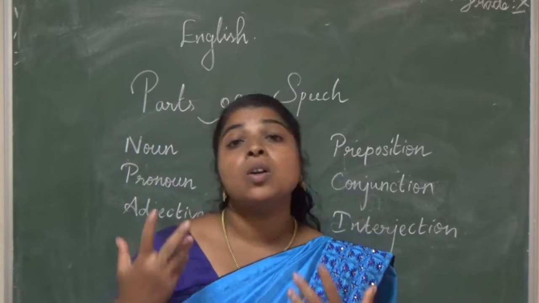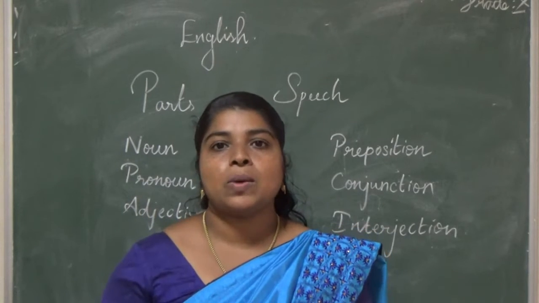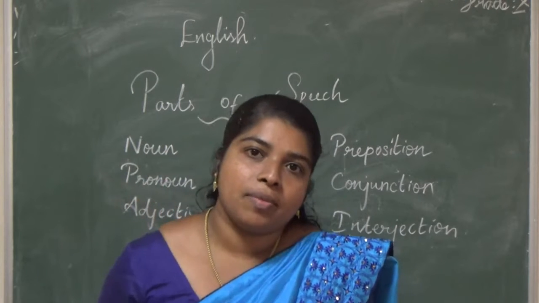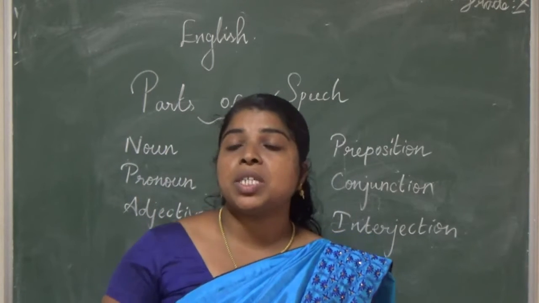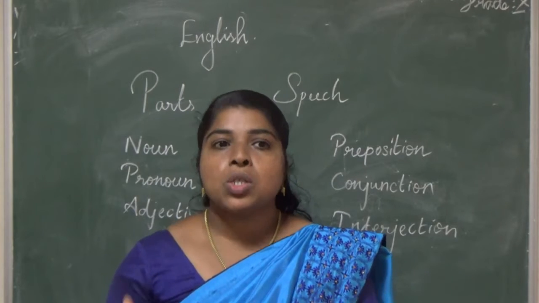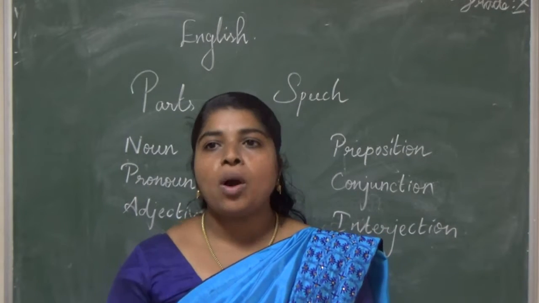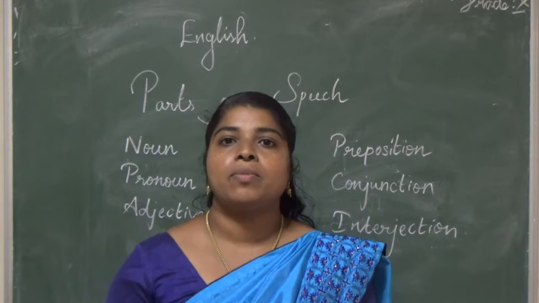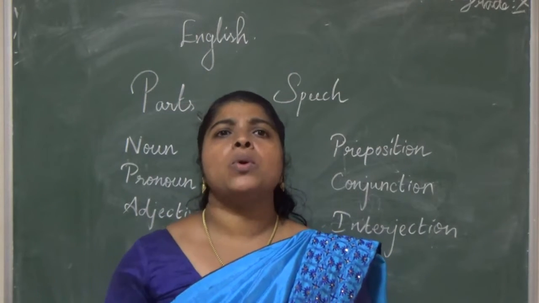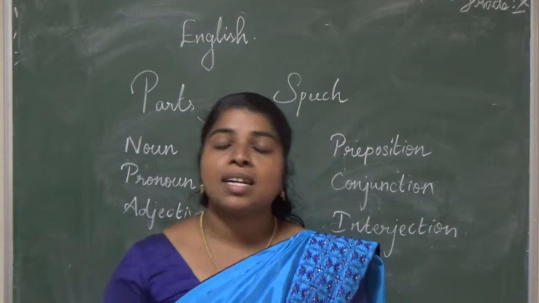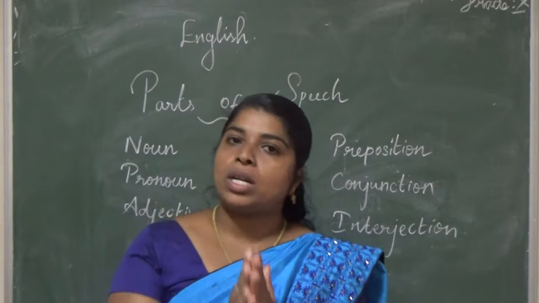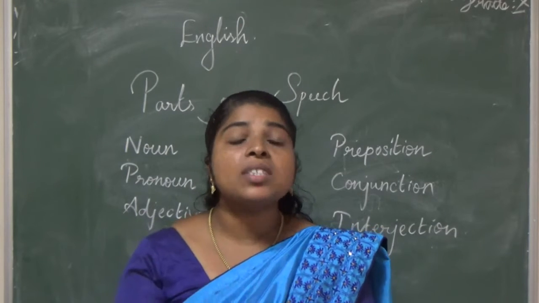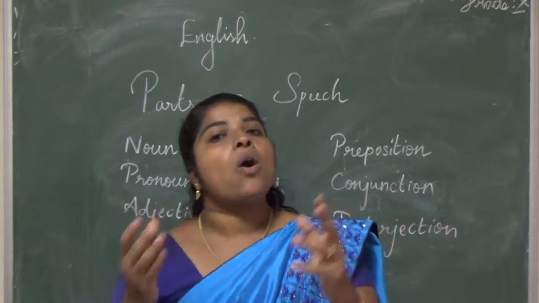To keep it easy, just keep in mind that conjunction is a connecting word. Some examples for conjunctions are and, but, so, when, while. And, but, so come under coordinating conjunction. As, since, though, although, even though all come under subordinating conjunctions. Anyway, keep in mind what conjunction is: a connecting word which will connect words or a phrase or a clause.